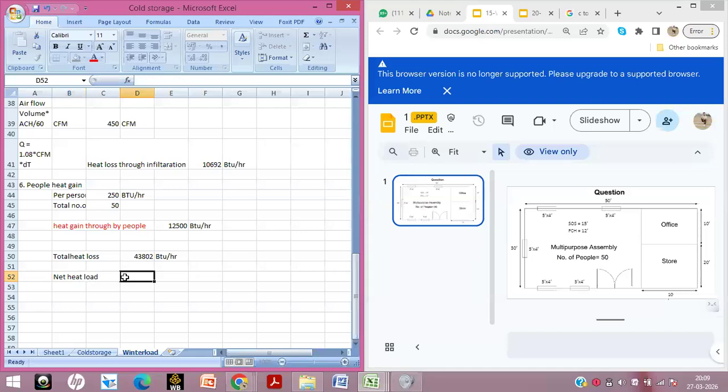In net heat load, what we need to calculate is total heat loss minus the heat gain by people. That will be our net heat load. So this much BTU per hour will be the net heat load.